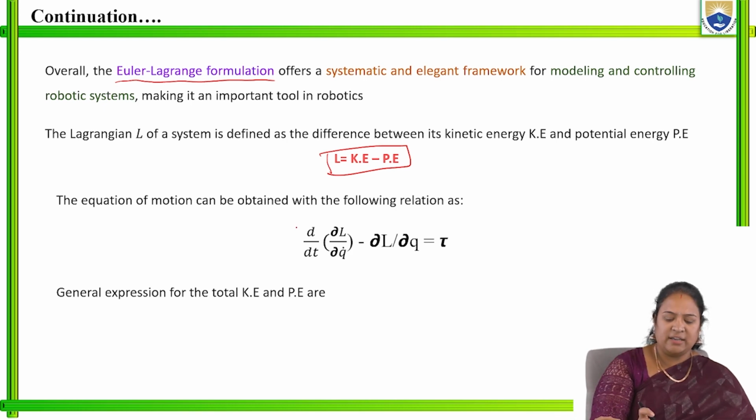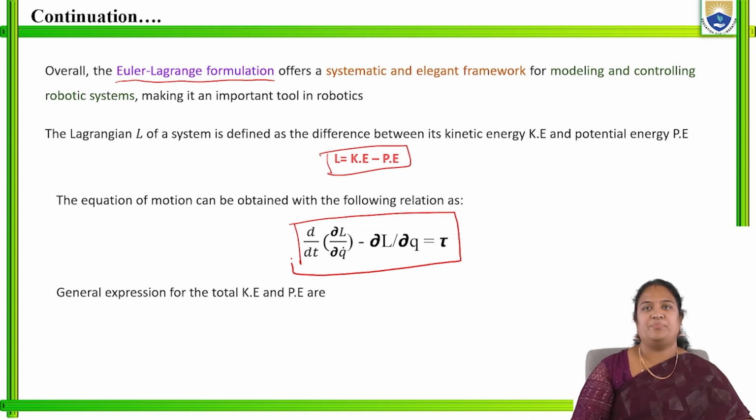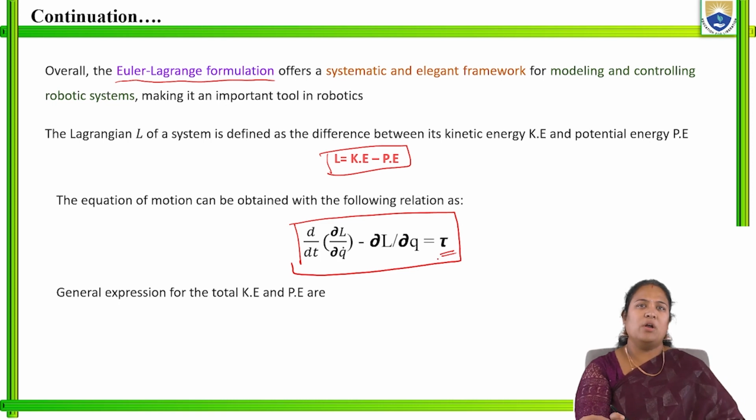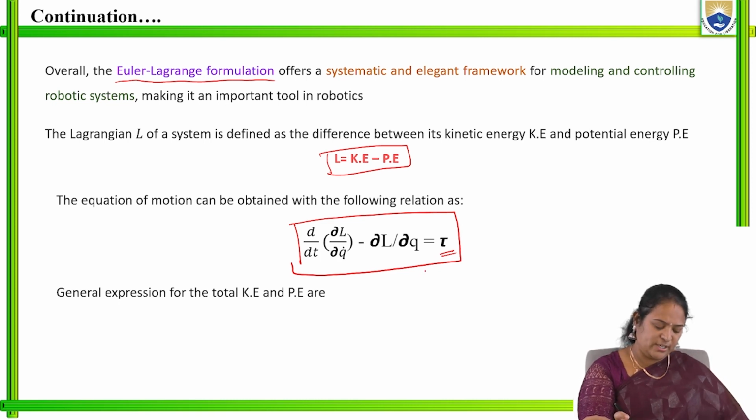This equation is used to find out the motion of the robot's manipulator: d/dt(∂L/∂q̇) − ∂L/∂q = torque. Using this equation, we determine the motion of the robot.